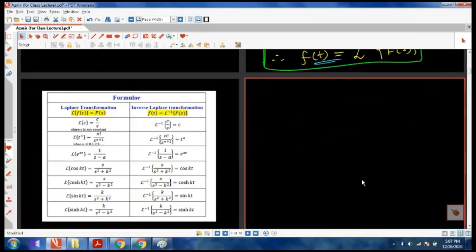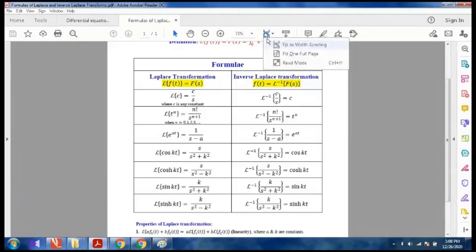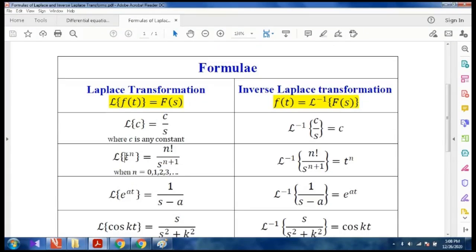Okay. So you might be wondering how the result is coming. Laplace transform of constant is how c by s. Laplace transform of t power n, how can we expect this result? N factorial by s power n plus 1.